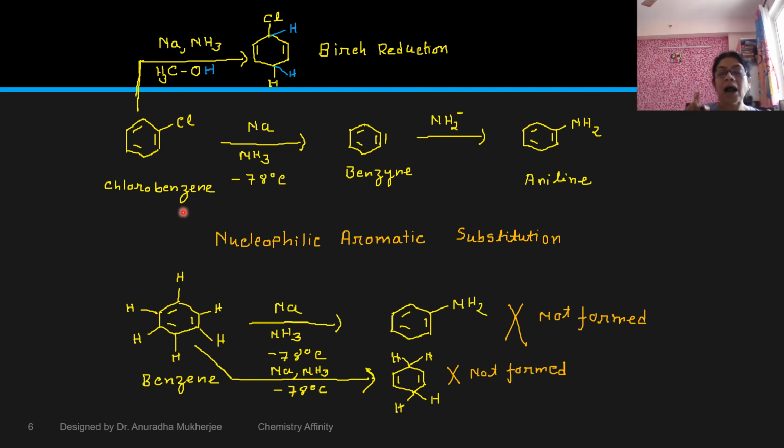To undergo the nucleophilic aromatic substitution reaction, you need chloro or bromobenzene treated with sodium and ammonia. And if you want a Birch reduction product, you have to take sodium and ammonia with methanol. Now I think you understand the reactions properly, and when and how to use sodium and ammonia for the different reactions.